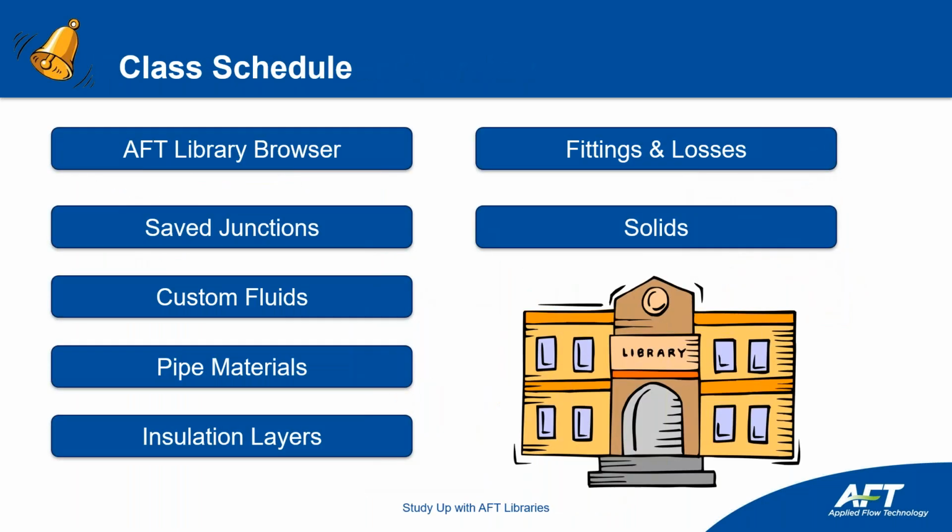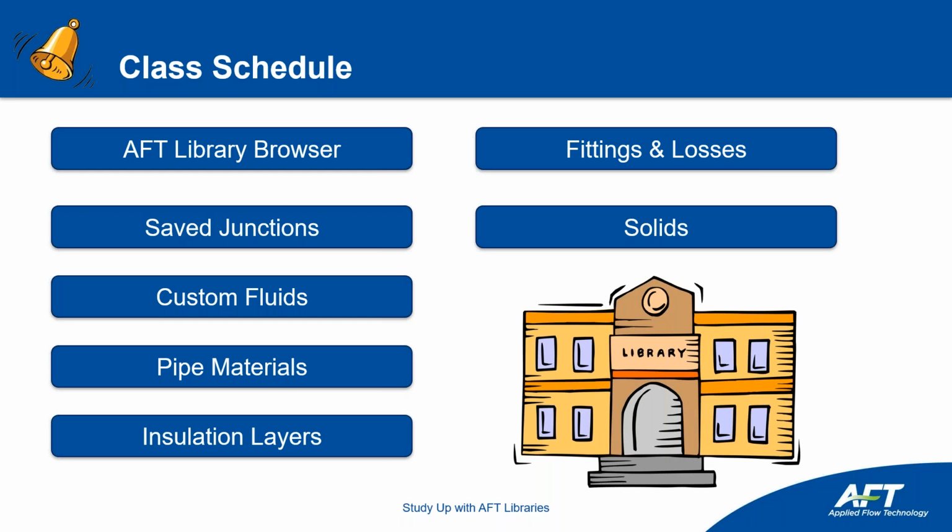Our class schedule here today, or our agenda, since we're going to be doing studying like we're at school, is we're going to first talk about the AFT Library browser. This is essentially the main landing page of the Library Manager. Then we're going to talk about saving and creating custom junctions in the software. We'll talk about creating and defining custom fluids and how all those inputs are used in the software.